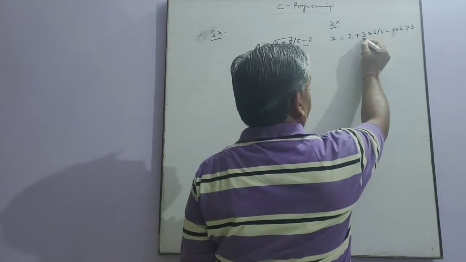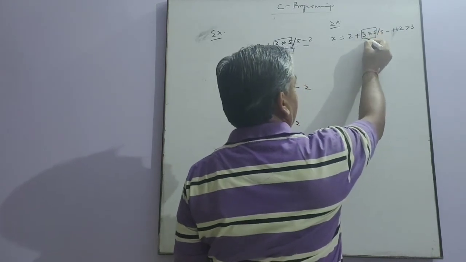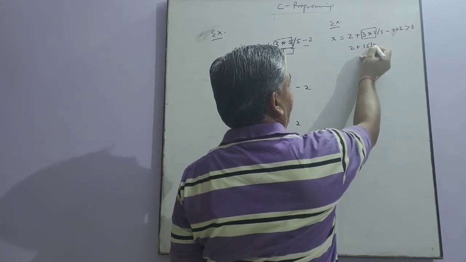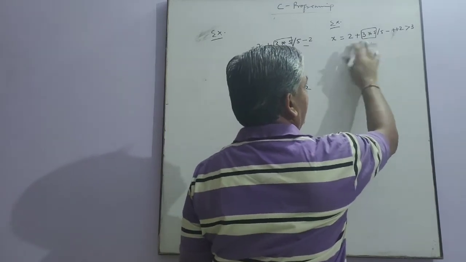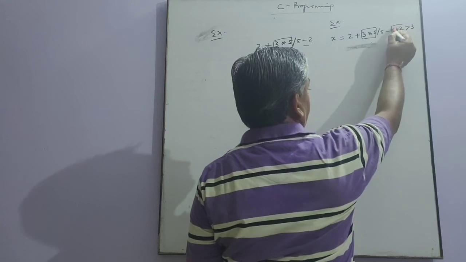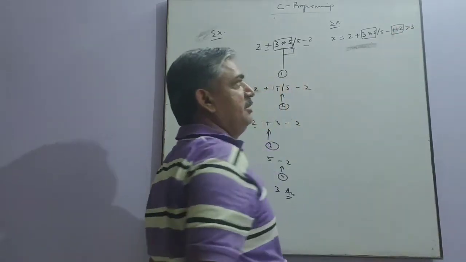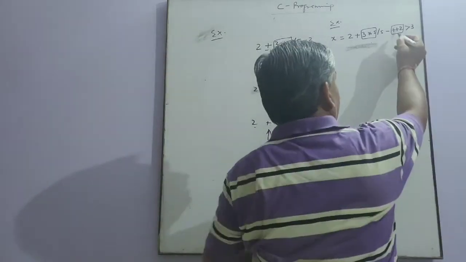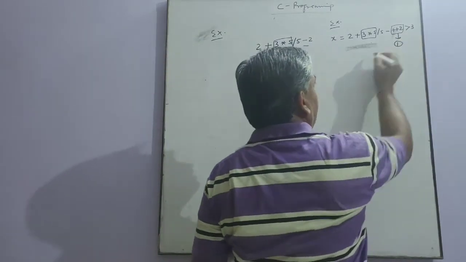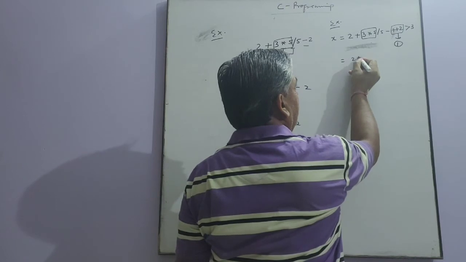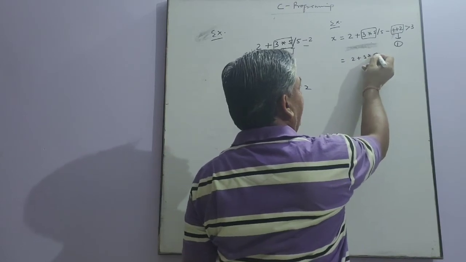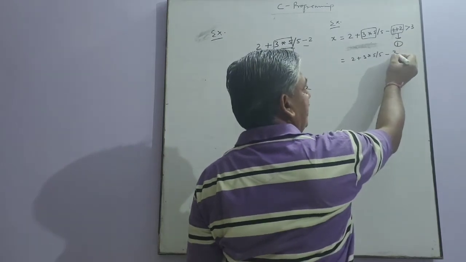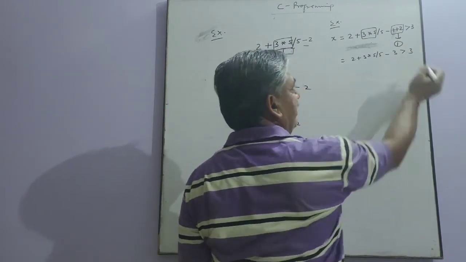So first precedence is this one. Oh, sorry. First is for this decrement. This is the pre-decrement operator, so first one is this. So we get 2 + 3 * 5 / 5 - 2 + 2, where the decremented value becomes 3, greater than 3.